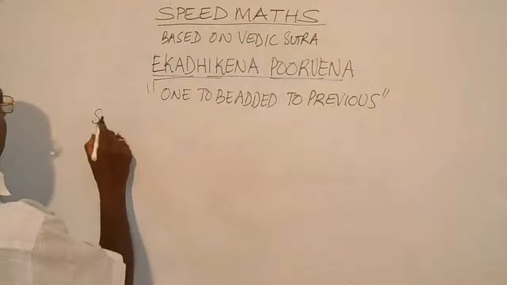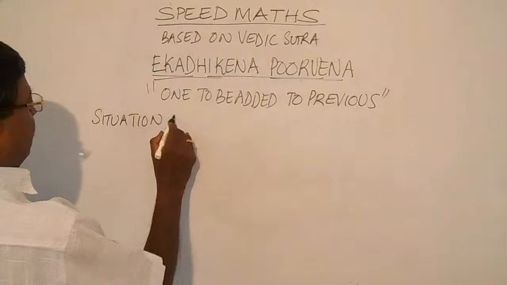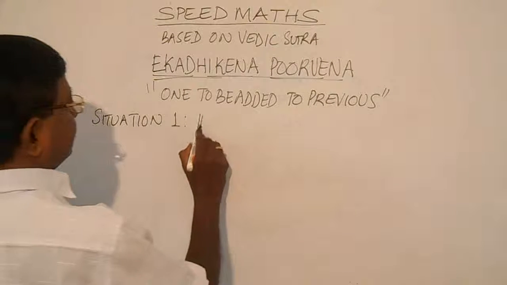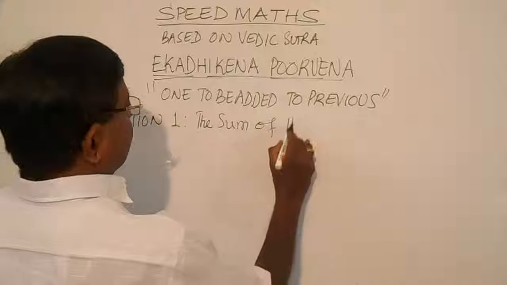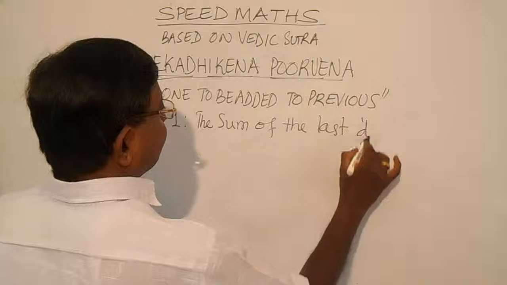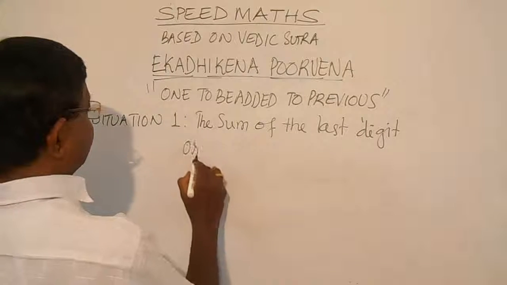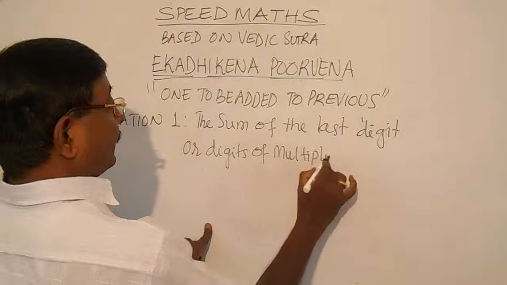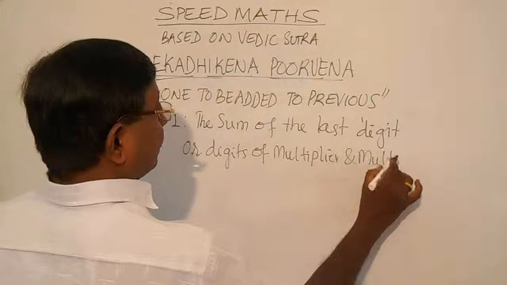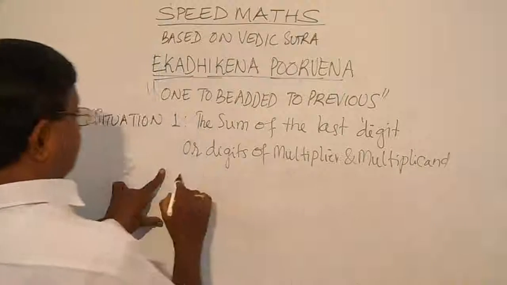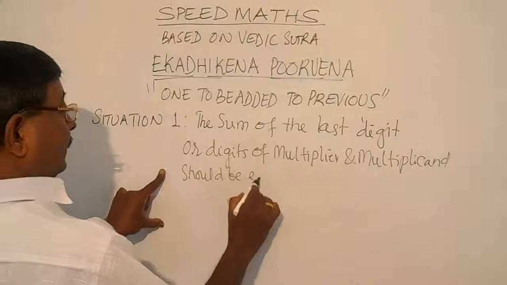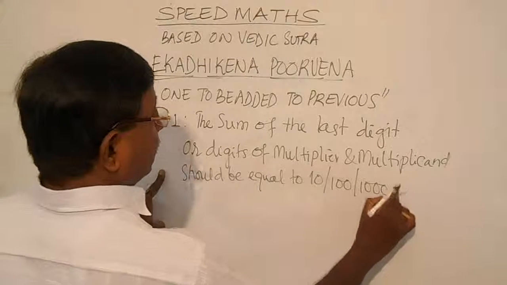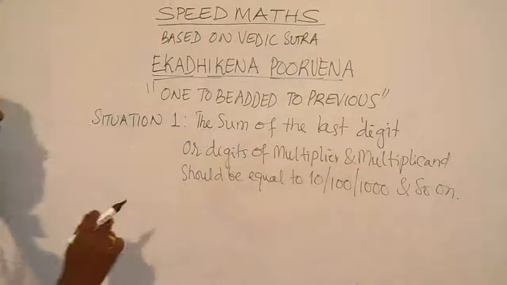Situation number 1: the sum of the last digits of multiplier and multiplicand should be equal to 10, either 10, 100, 1000 and so on. This is the foremost situation.